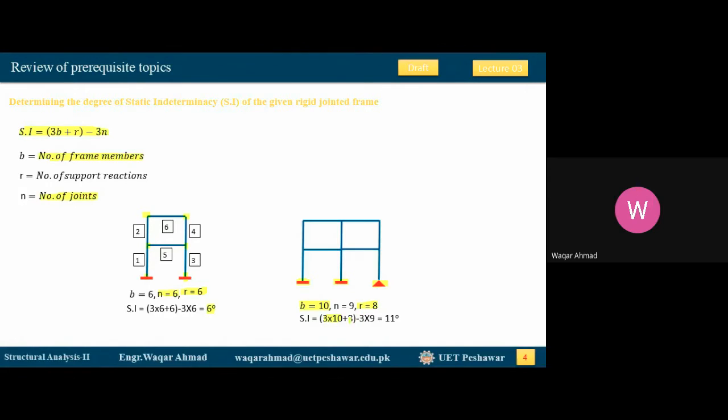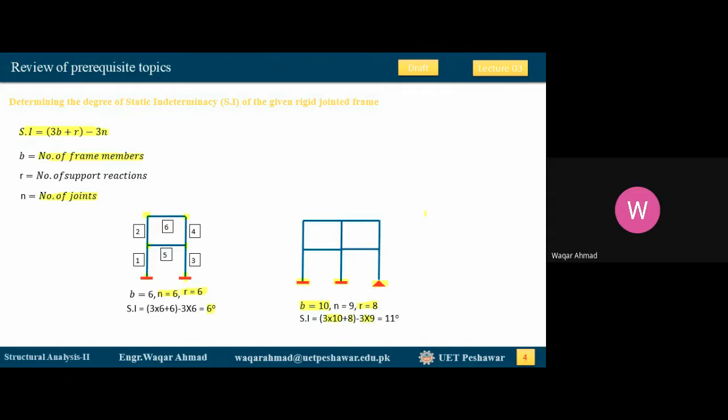When you add this to the 3 times 10, you get 30 plus 8, which is 38. So there are 38 unknowns in this frame structure. And how many available equations do you have? You have 3 times the number of joints, 3 times 9: 1, 2, 3, 4, 5, 6, 7, 8, and 9.